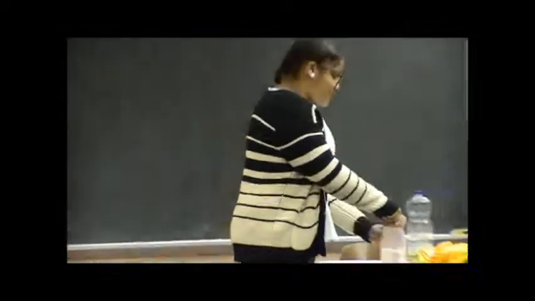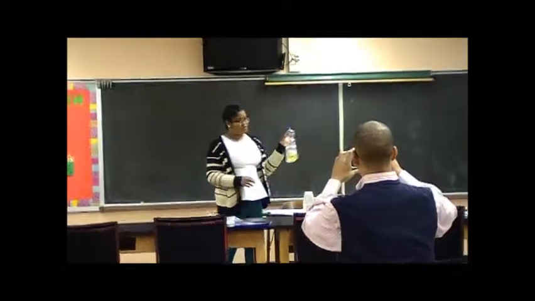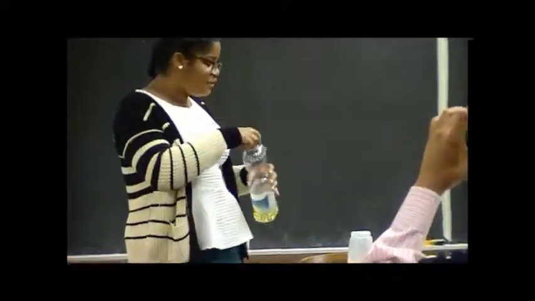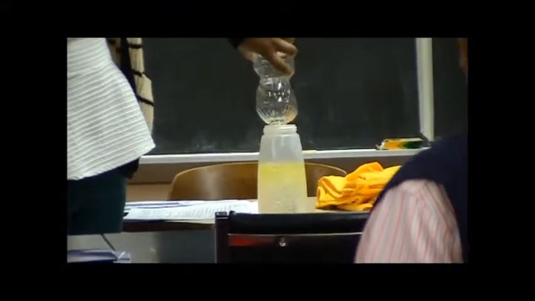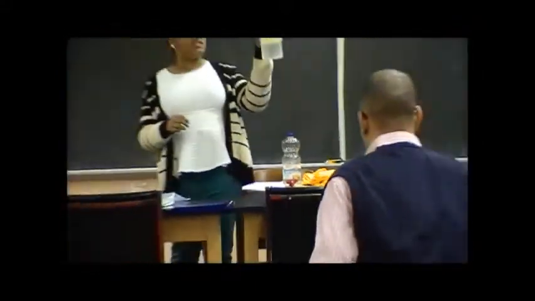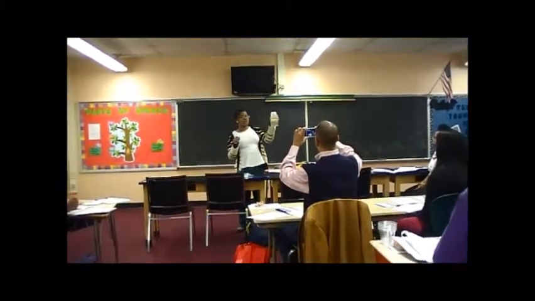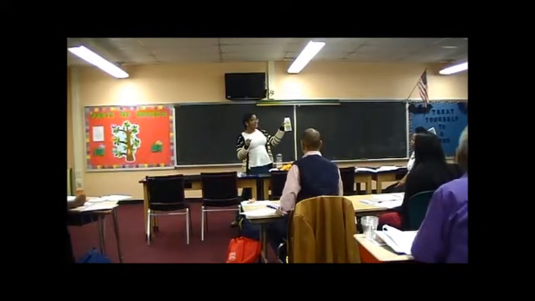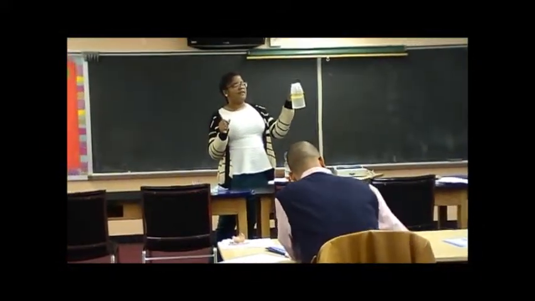So if I was to take this vegetable oil and mix it into the water, you can see that the water changed color a little bit, it got a little dirtier, and all the oil is just sitting on top of the water. So how do you guys think this would affect the environment?